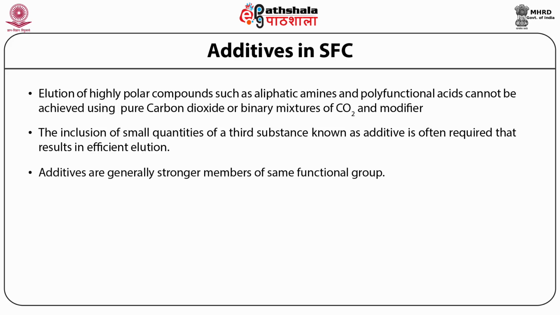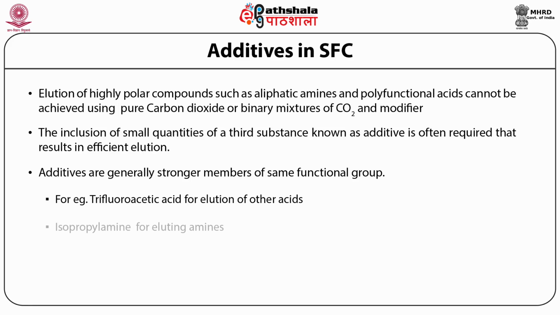The additives are generally stronger members of the same functional group as the analyte. For example, trifluoroacetic acid is used for the elution of other acids, isopropylamine for eluting amines, and acids or bases for elution of bases or acids.